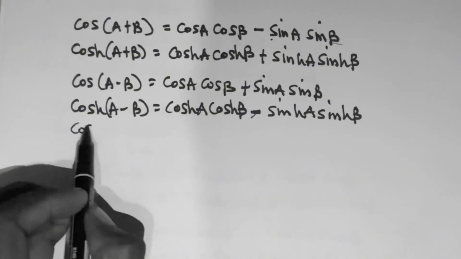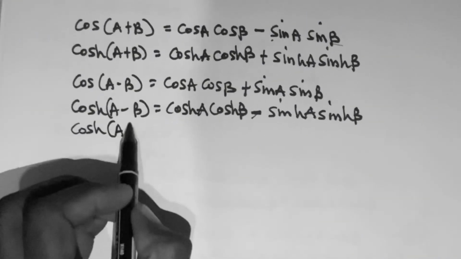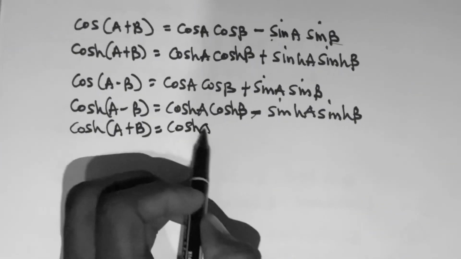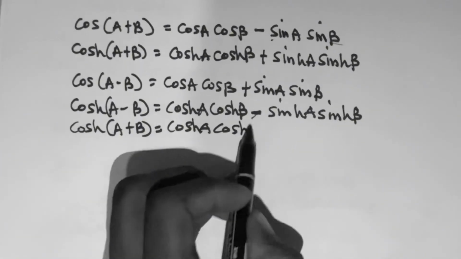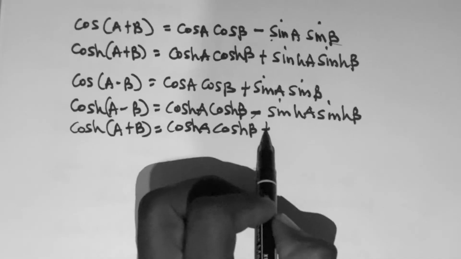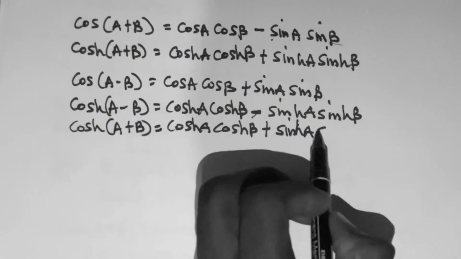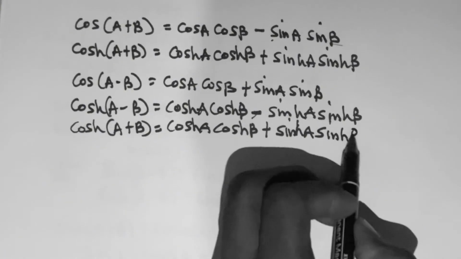So cos(A plus B) equals cos A cos B, then plus sinh A sinh B.